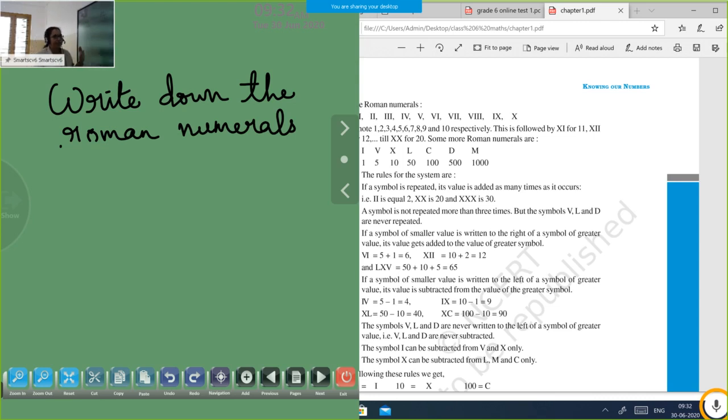Up to 20 we finished, right, children? Then 21 to 100. We are learning the Roman numerals 21 to 100.